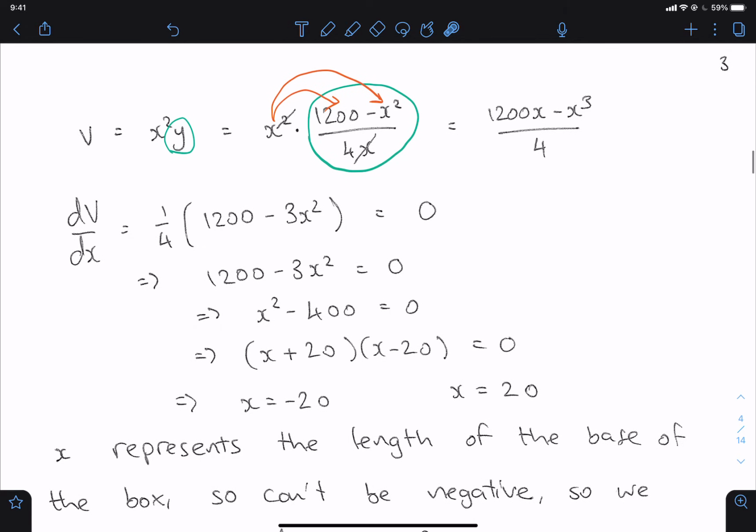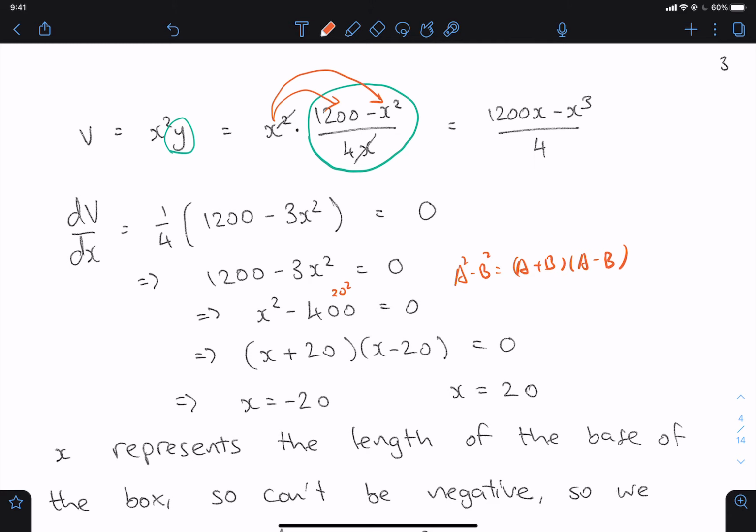Then we factorize this using the difference of squares formula: a squared minus b squared equals a plus b times a minus b. This 400 here can be thought of as 20 squared.